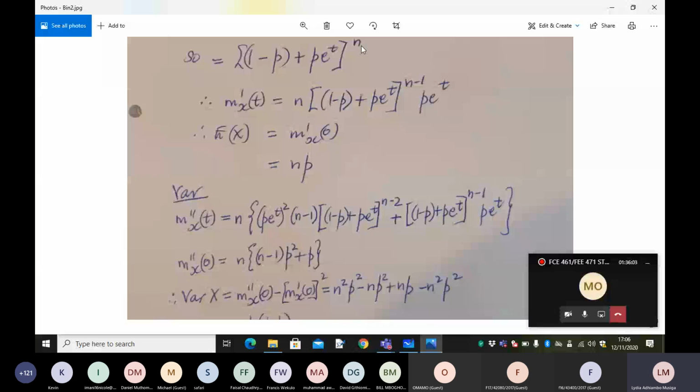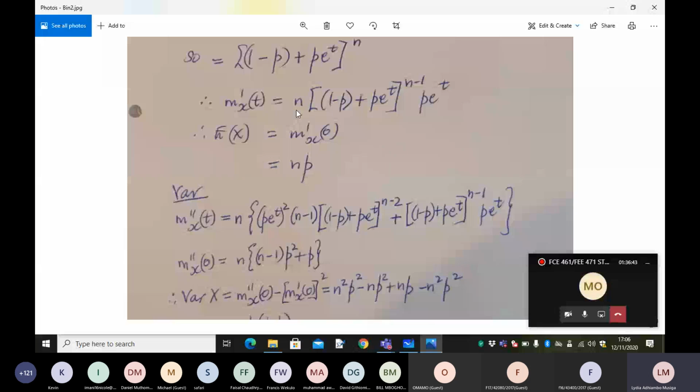And so you can see some of the topics we've gone through are coming up, because now we know that to get the expectation of x, if we have the moment generating function, we need to take the first derivative. So we get m prime x of t. If we differentiate our first line, we get the second line. If we differentiate with respect to t, and then to get the expectation, we need m prime x of 0, implying that we substitute t with 0 in the second line.